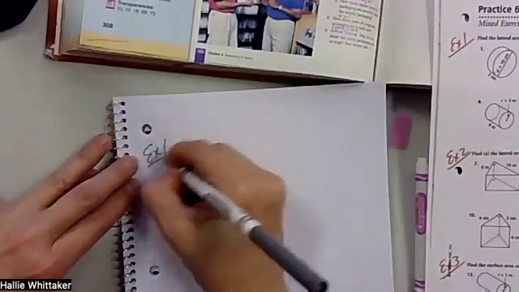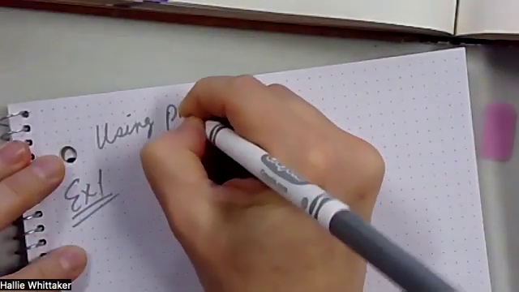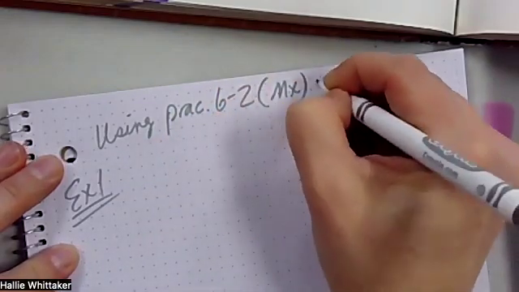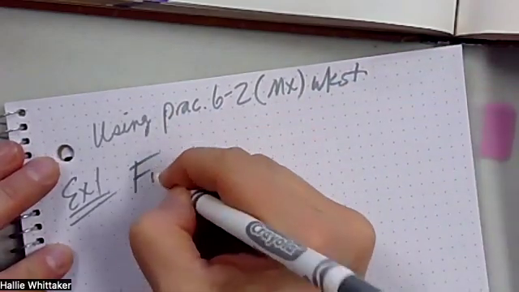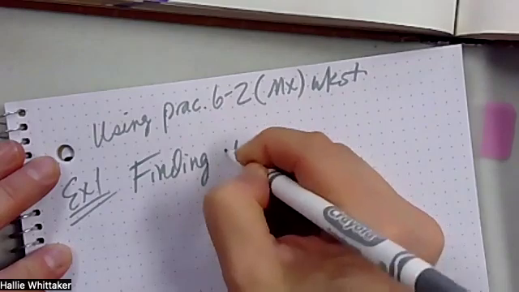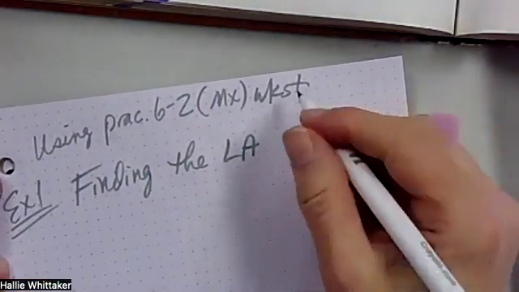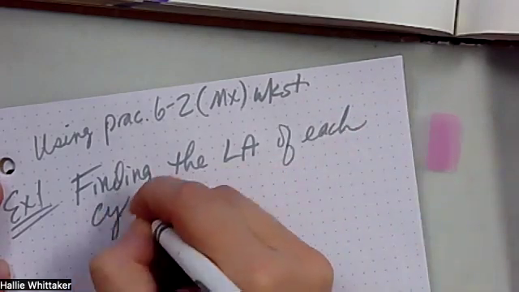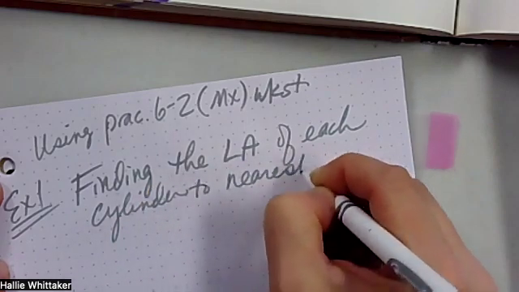So for example 1, we are using the 6-2 mixed worksheet for this. We are finding, you all know that LA means lateral area at this point, right? We're finding the lateral area of each cylinder to the nearest tenth.